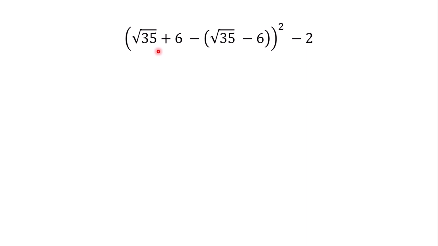Good. So square root of 35 plus 6 minus into bracket 35 minus 6 bracket close raised to the power 2 minus 2. Now let's open the bracket for this one.